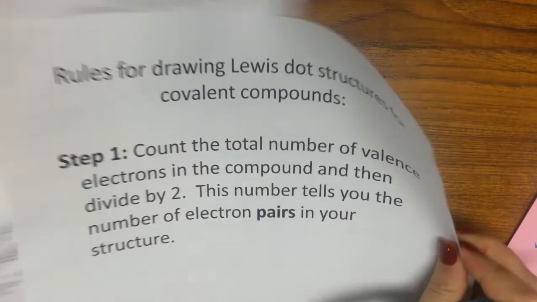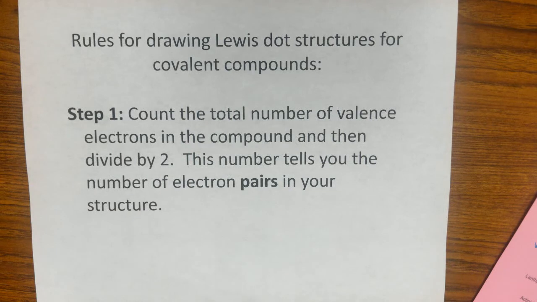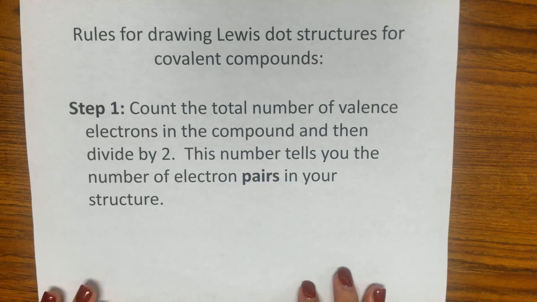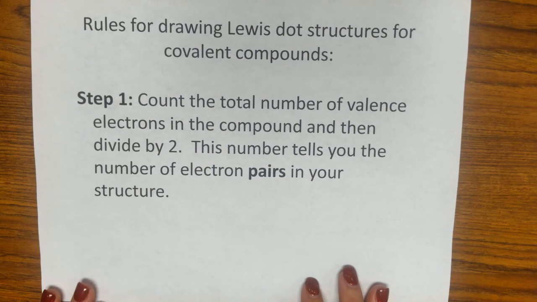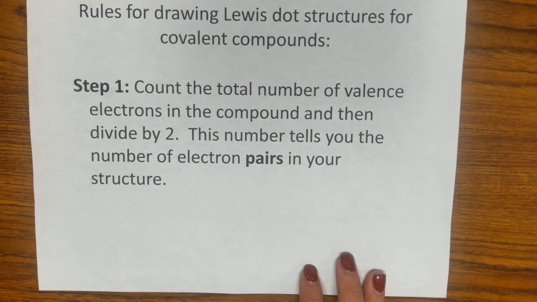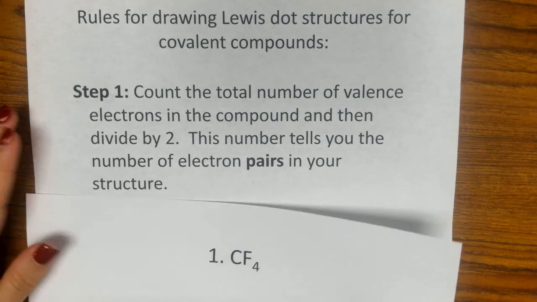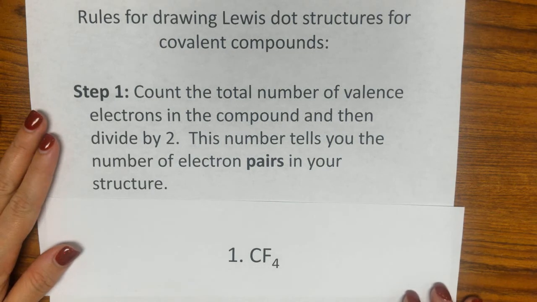These rules need to become like your little Bible until you become good at drawing Lewis structures. To draw a Lewis structure for a covalent compound, all you have to do is follow these rules in order. That's literally all you have to do. But people try to go out of order and they mess stuff up. And so we're going to go through and follow these rules and draw the Lewis structure for CF4.